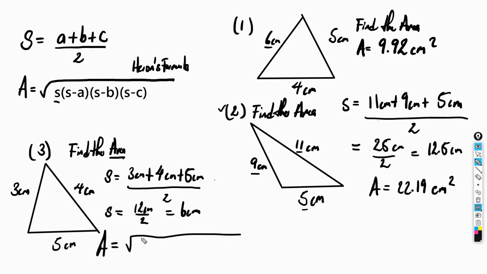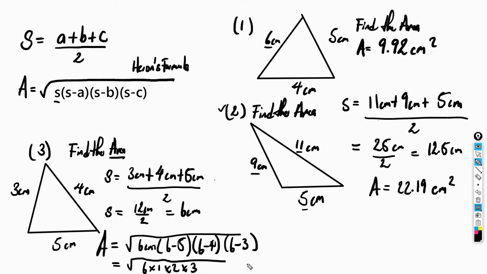It should be 6 centimeters multiplied by 6 minus 5 centimeters times 6 minus 4 centimeters times 6 minus 3. So we should end up with the square root of 6 times 1 times 2 times 3.